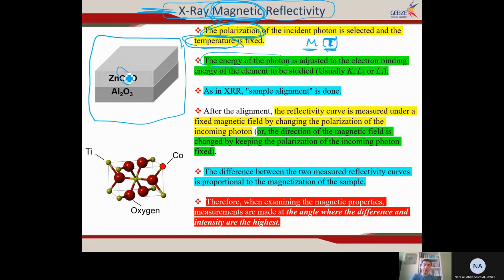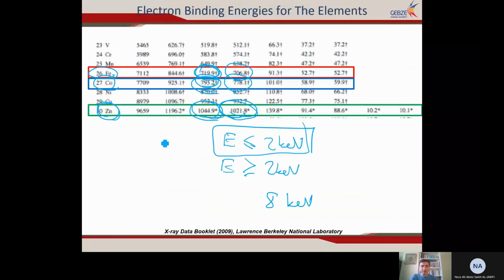Then you have to go back to the X-ray data booklet to check the electron binding energies of the elements. Here we have cobalt, and look at its electron binding energies. This is L2, this is L3. So for the L2, 793, and for the L3, 778 electron volt.